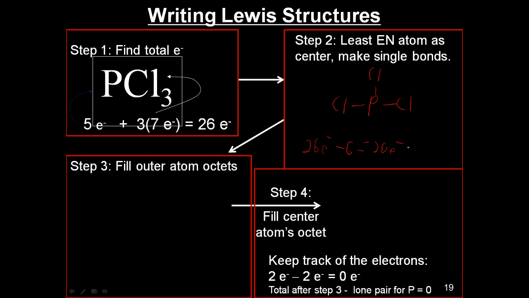Next step, we want to fill the outer octets. So notice chlorine's missing electrons here, so phosphorus, chlorine, chlorine, chlorine. Then we're going to fill these outer octets.